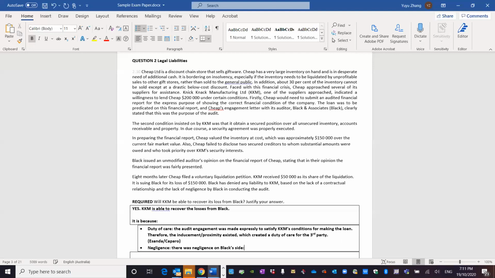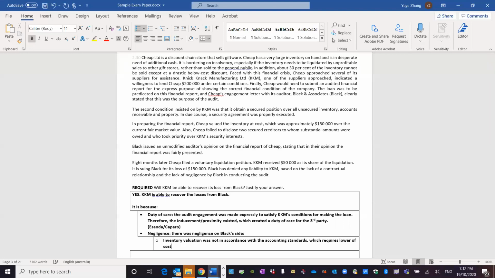Cheap has valued inventory at cost rather than current fair market value, where cost is above fair market value. The inventory valuation was incorrect because it should be valued at the lower of cost or net realizable value, in accordance with the accounting standards.